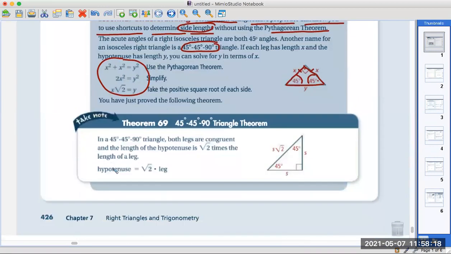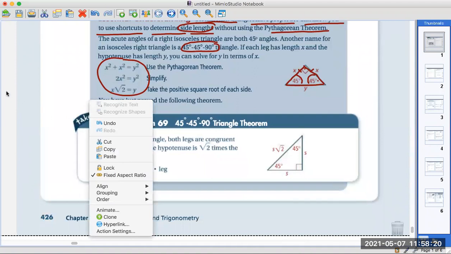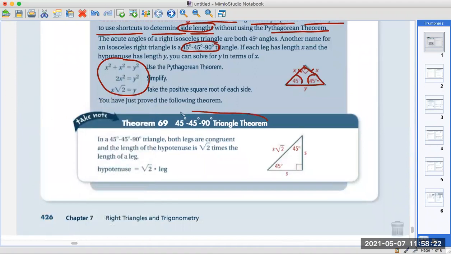So here's the explanation of what it's about. The 45-45-90-degree triangle theorem says in a 45-45-90-degree triangle, both legs are congruent, which we just talked about because it's an isosceles triangle.